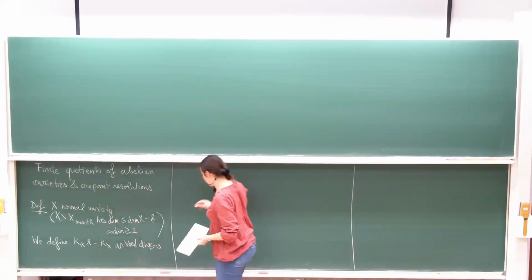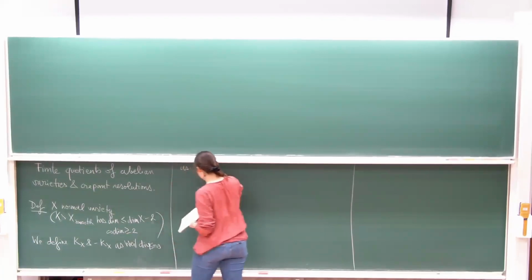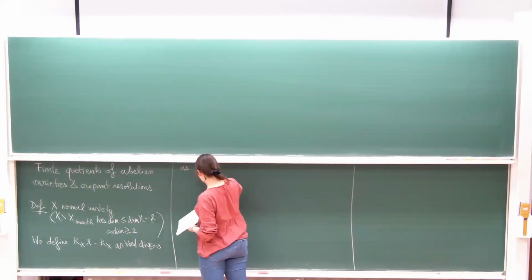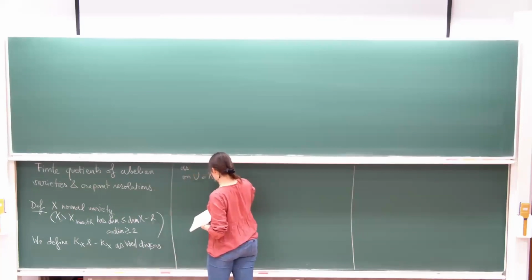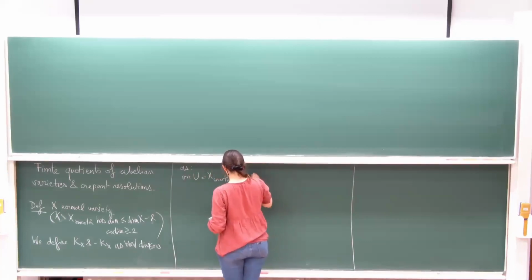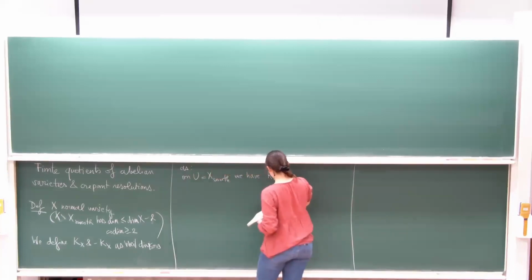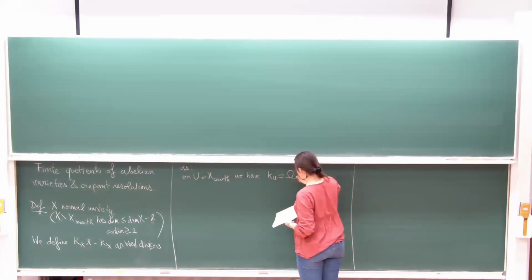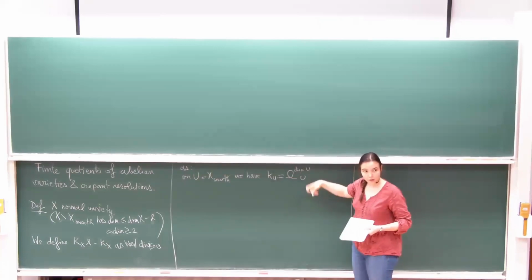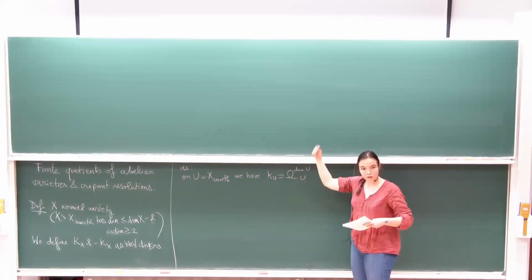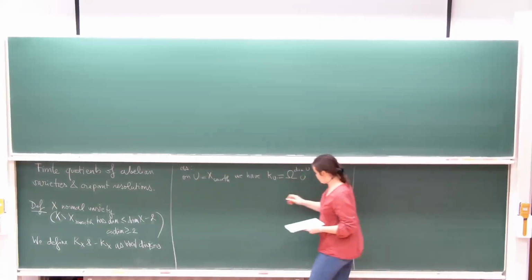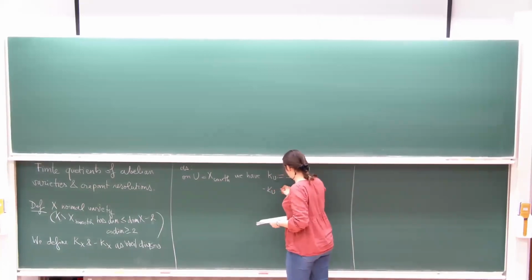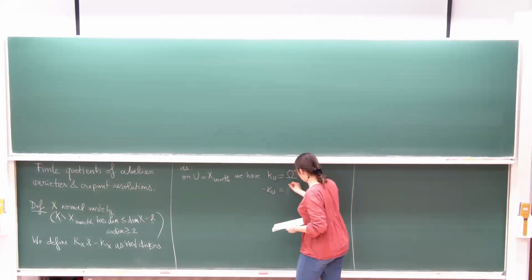And the way we do it is first, on U, which is just X smooth, which is a rather large open set, we have KU, which is just the holomorphic forms of the highest degree. So this is like a line bundle, and you can take some sections, and you can do minus KU as the dual.